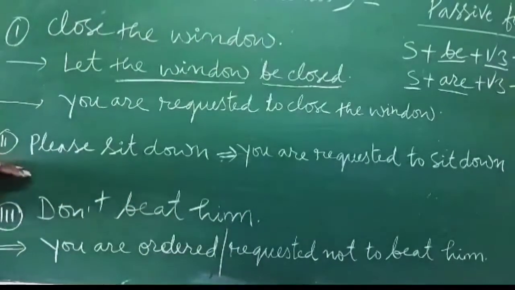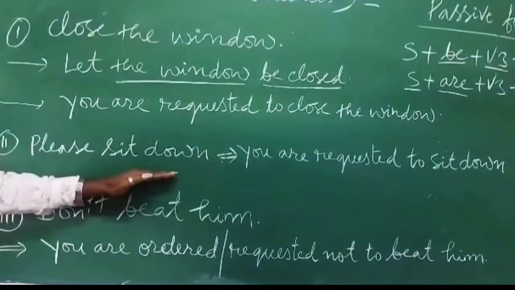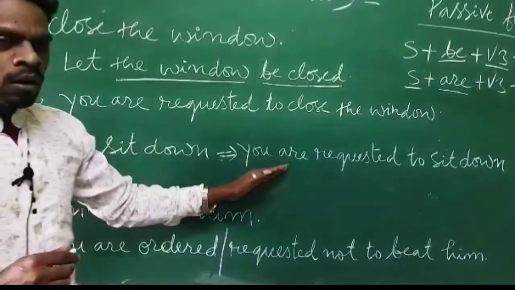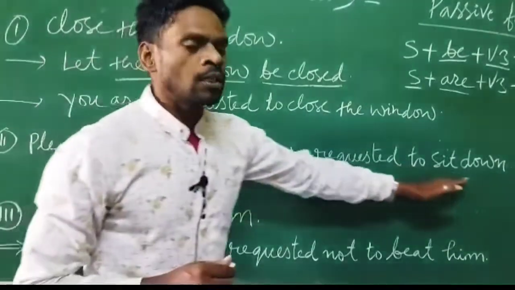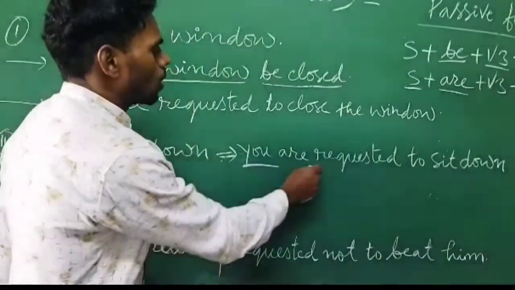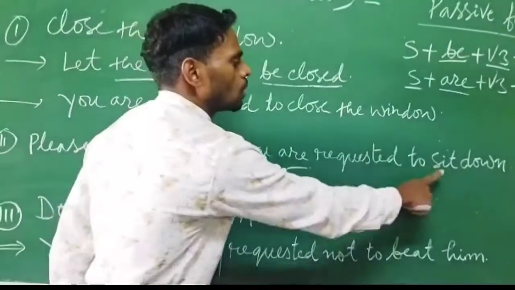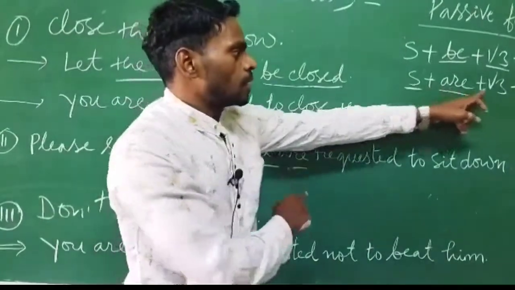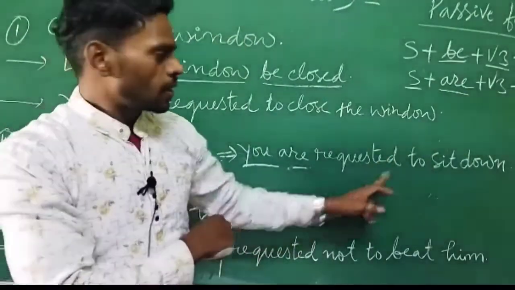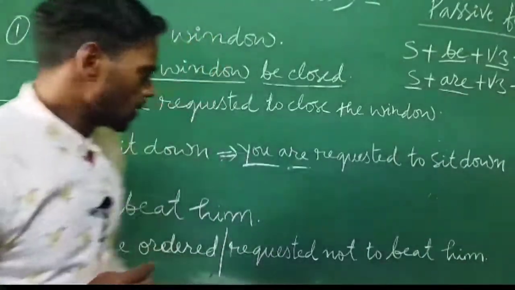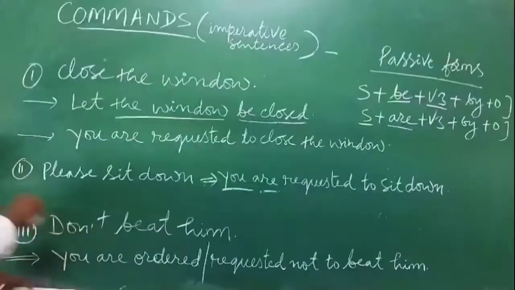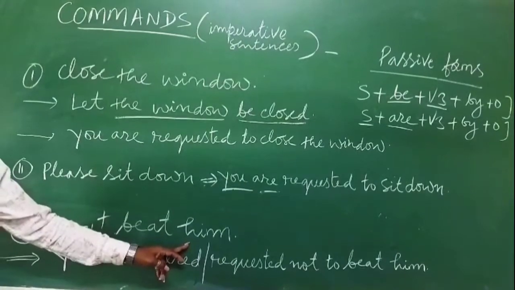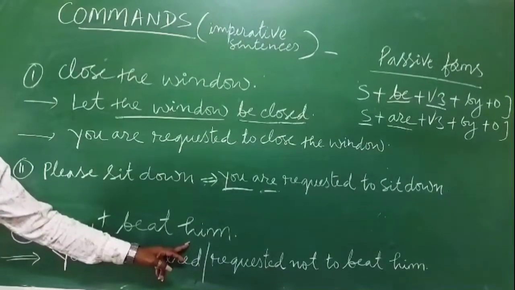Let's see the second example. Please sit down. This one you can change to, you are requested to sit down. Here you is the subject, are is there, then the third form of the verb requested, then to sit down. Next example, don't beat him, an imperative sentence. Now let's change into passive voice.